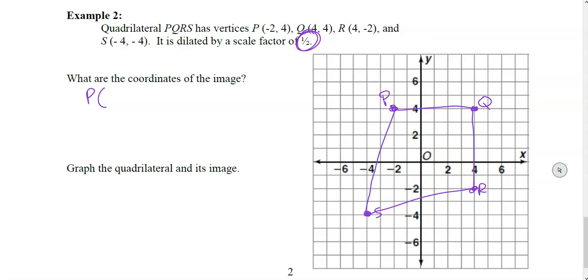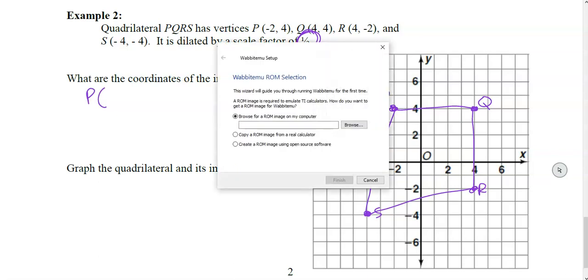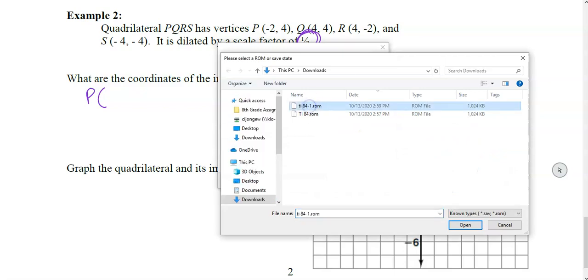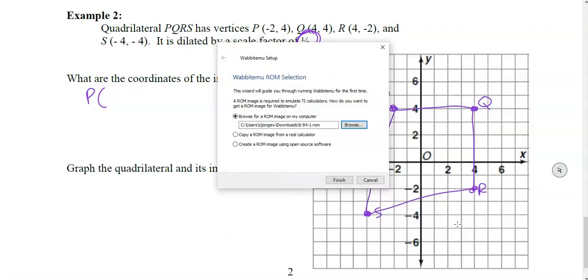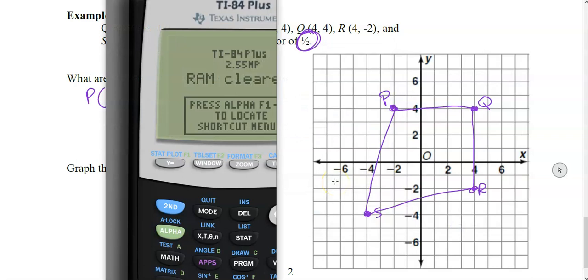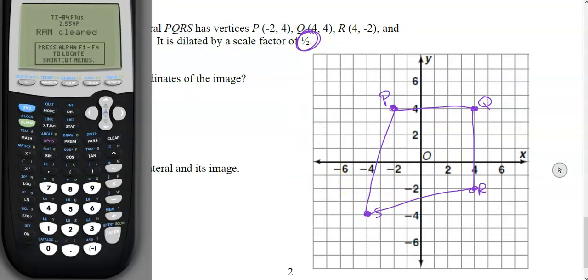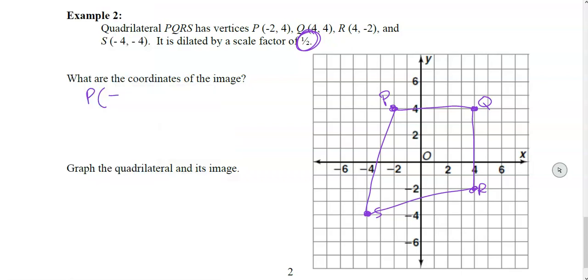Now if you don't know how to multiply by 1/2, let me go ahead and pull up the calculator. The first one says -2 times 1 divided by 2. That's 1/2. So enter, that is -1.